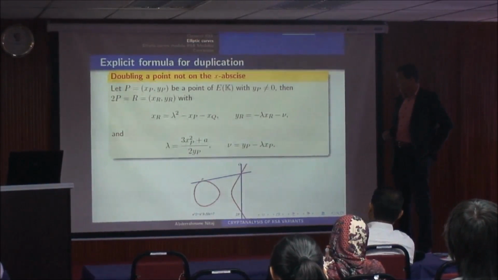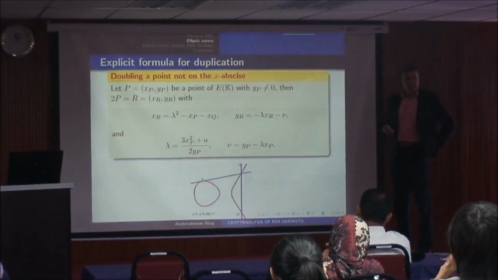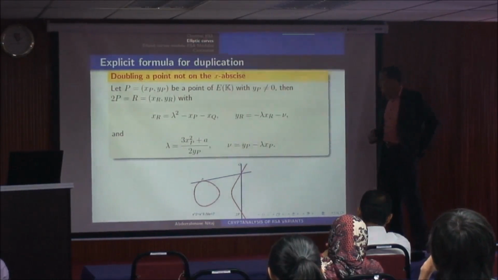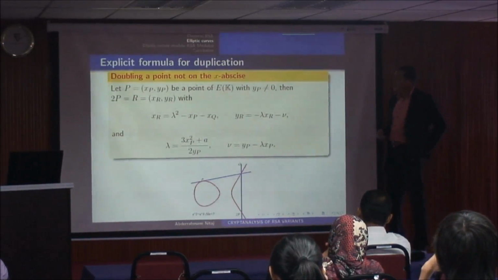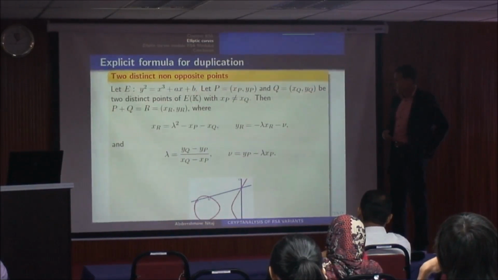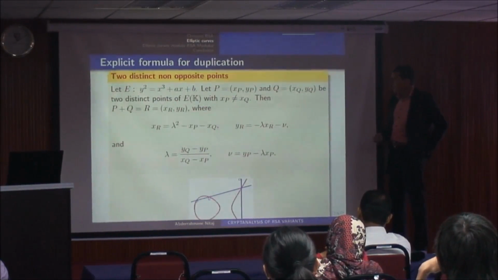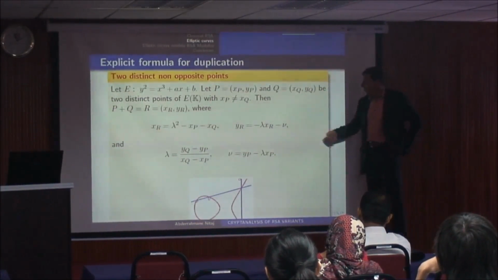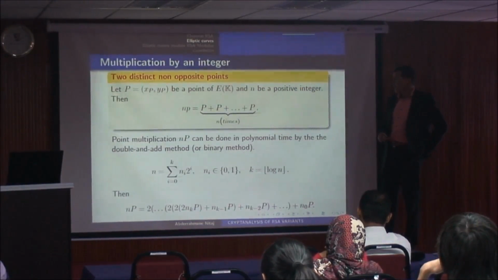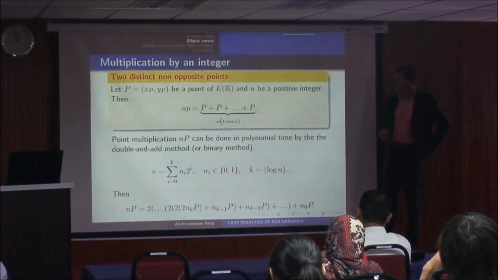So we can find that everything is possible for elliptic curves: addition, multiplication by an integer, doubling a point, inverse of a point, and so on. Also we can add 2 distinct points like this, and in this situation we find a similar formula. And also we can multiply a point by a certain integer.